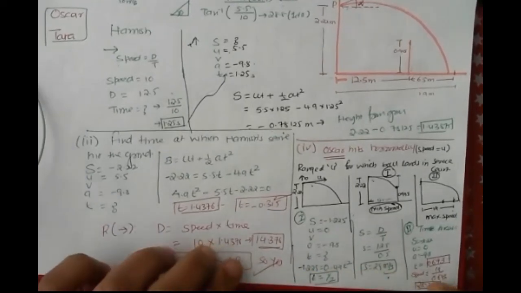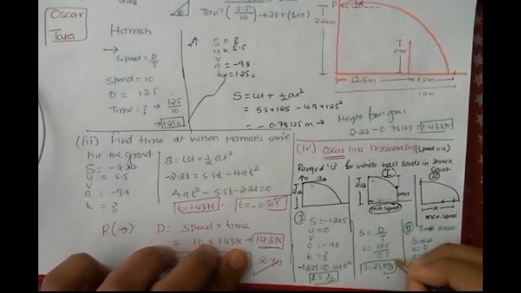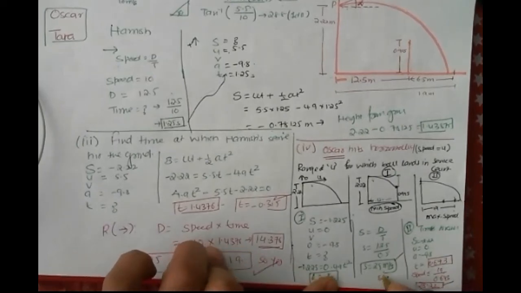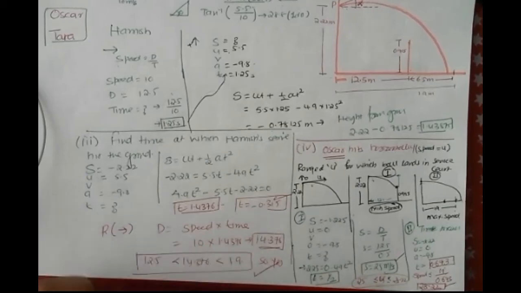So guys, it should be a minimum of this speed so it can cross the net, and a maximum of this speed so it doesn't fall beyond 19 meters. So the range of u should be greater than or equal to 25 meters per second and less than 28.22 meters per second. Okay, so that will be that 6 marker.